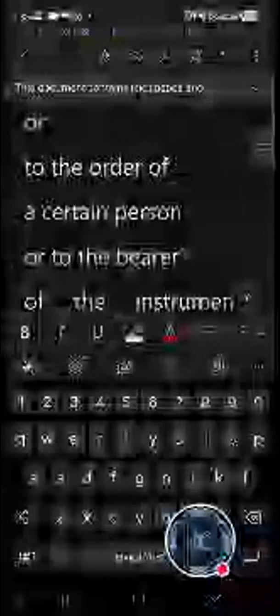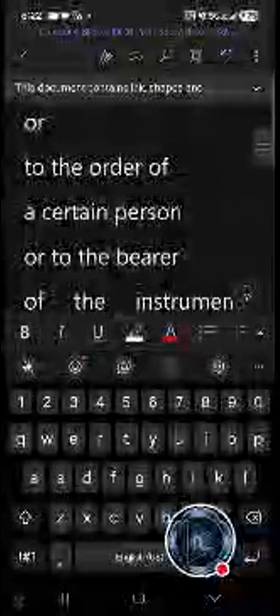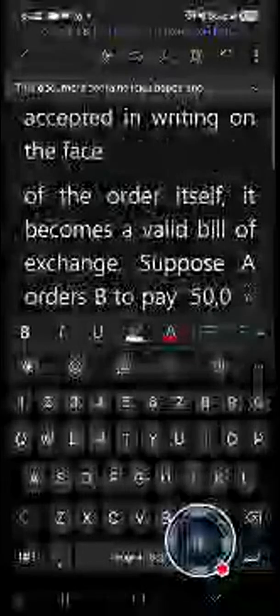Here it says to the order of a certain person or to the bearer of the interface. It becomes a valid bill of exchange.